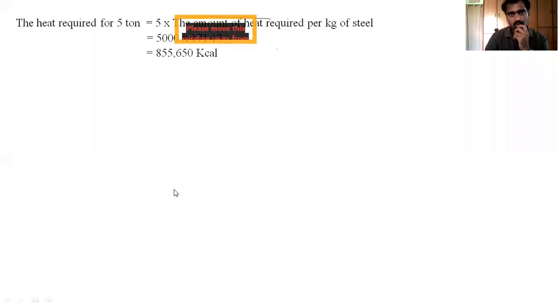So 5000 into the amount we calculated, 171.13, gives the amount of heat we require, that is 855,650 kilocalories. Have you got it? You can write it as 855.650 into 10 power 6 calories. That much heat we require to melt the 5 tons of steel.